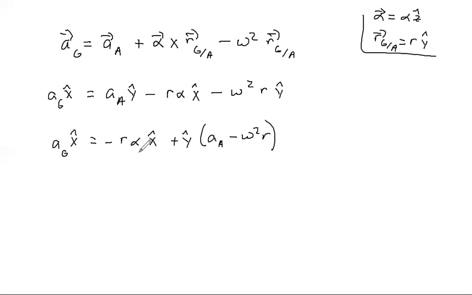First of all, notice that on the left-hand side, there's nothing in the y direction. That means that this must be 0. We learned the acceleration at point A, which is only vertical, is minus omega squared r in the y direction.